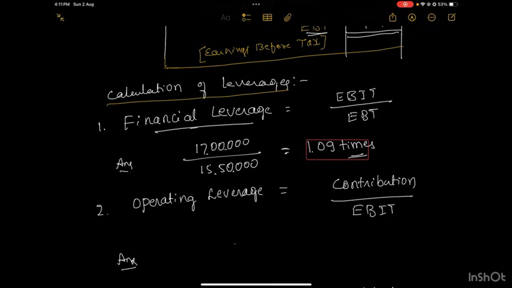And then we are going to find out the operating leverage. So this is the equation. We discussed all these things in the previous video. Once you go through that for clear understanding, contribution divided by EBIT. This is the equation for operating leverage.